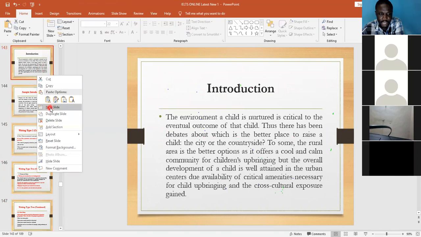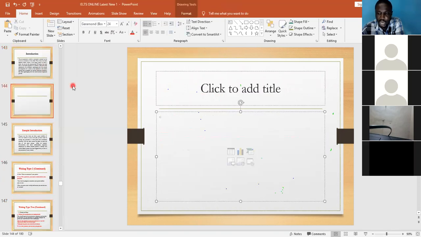Then I want to write a body, and one of the points I raised in the body is the presence of social amenities in urban centers more than in the rural areas. Okay, so now I want to write the first point.